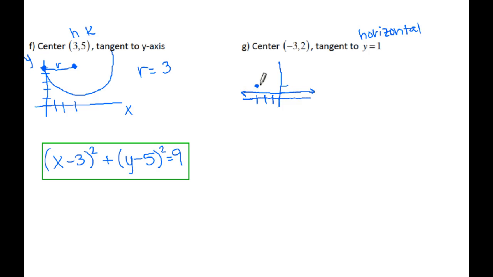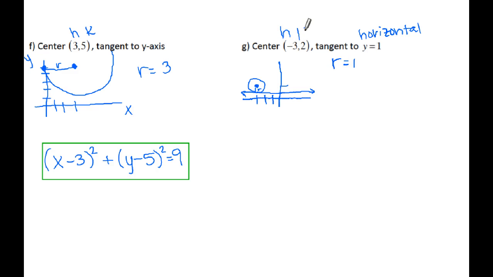So tangent to this line means my circle touches, so it's an itty-bitty circle, my circle touches that line. Okay, tangent means next to, so it's next to that line. So I need to find out this distance to be able to know what r is. Well, your center, -3, 2, is 1 unit away from the line y equals 1, so your radius is 1.